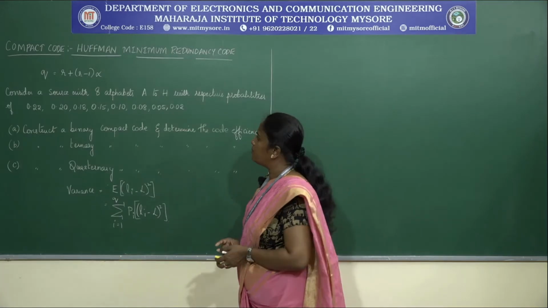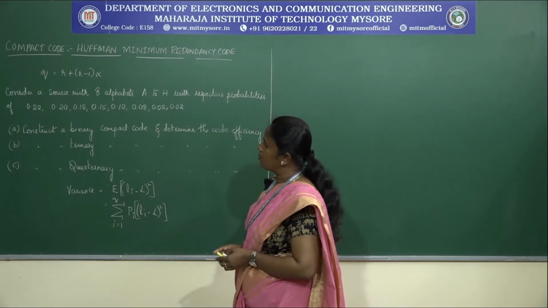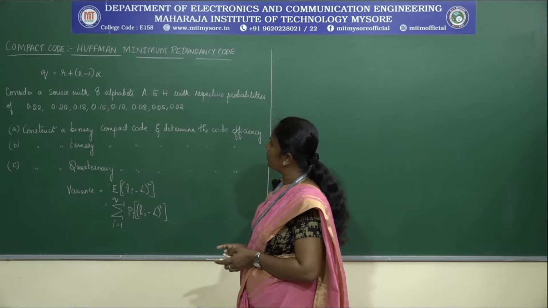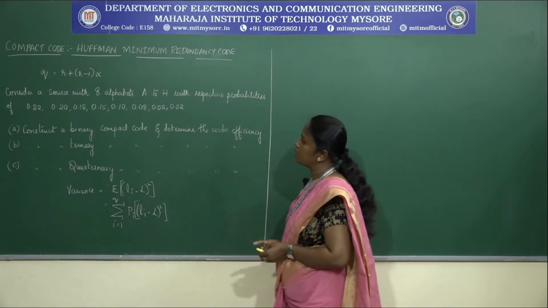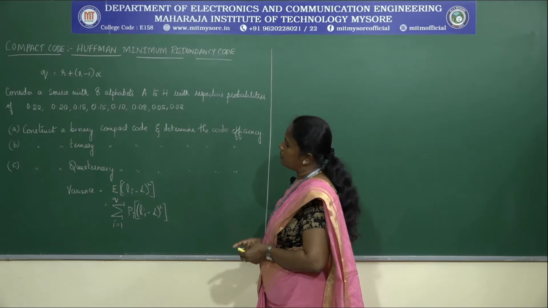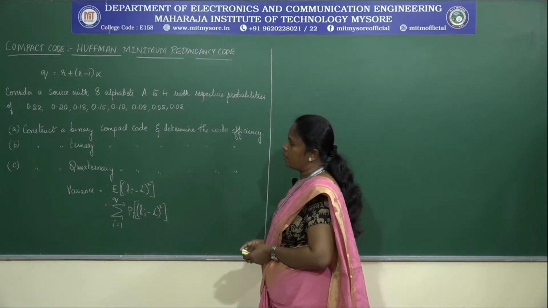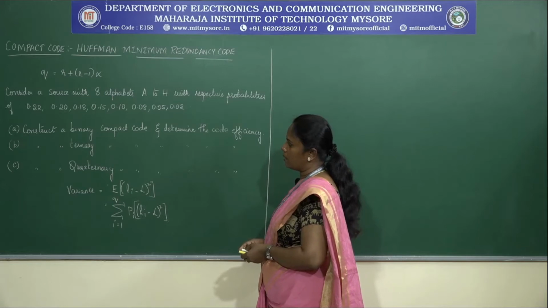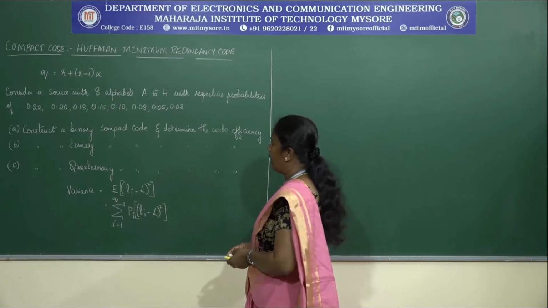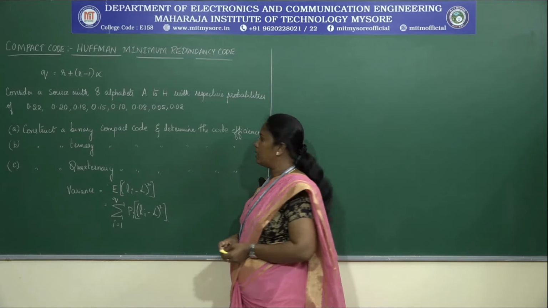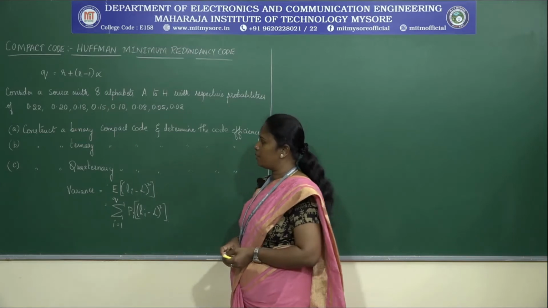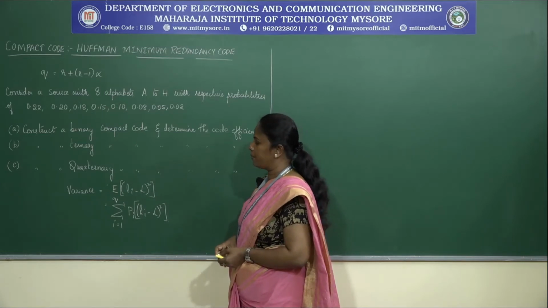Okay, now let us solve a problem. Consider a source with 8 alphabets A to H with respective probabilities. They have given the probabilities from A to H. We need to construct a binary compact, a ternary compact as well as a quaternary code, and also determine the code efficiency of this Huffman encoding.